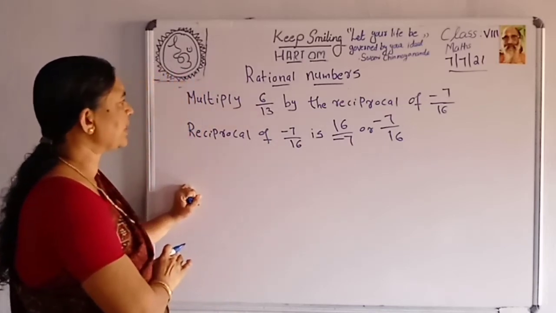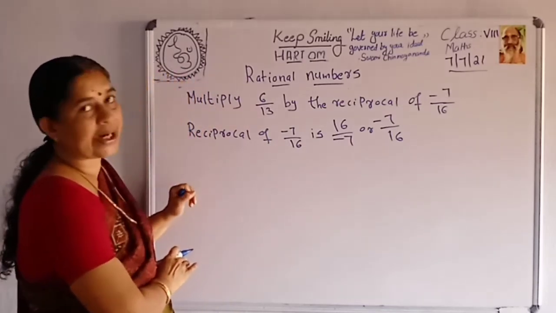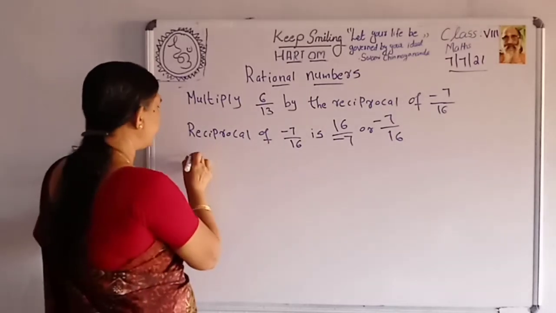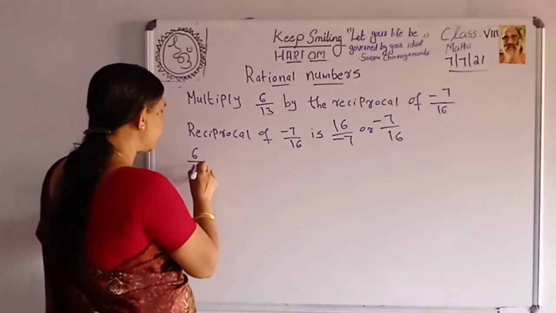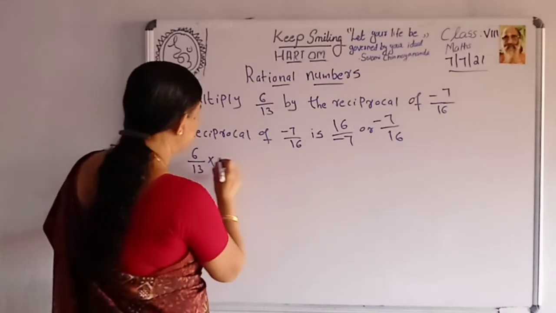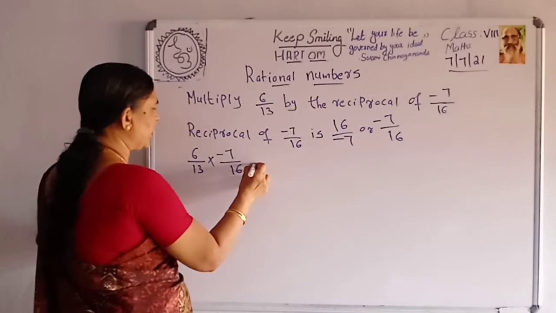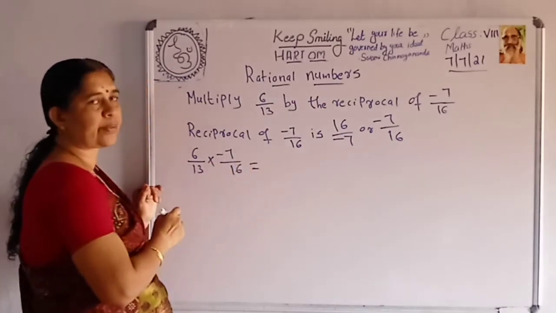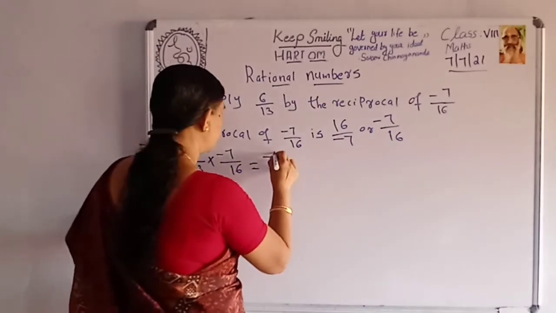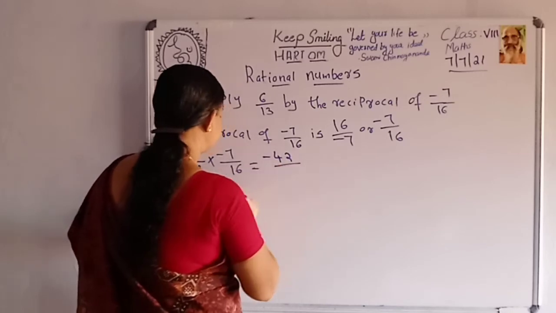Then multiply 6 by 13 by the reciprocal of minus 7 by 16. So we have to multiply 6 by 13 into 16 by minus 7. 6 into minus 7 is minus 42 by 16 into 13.